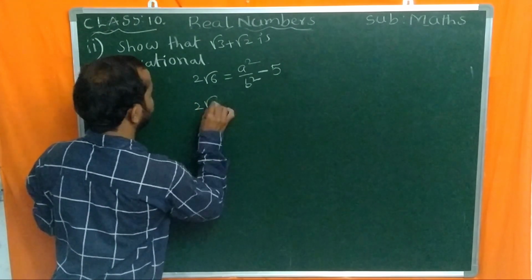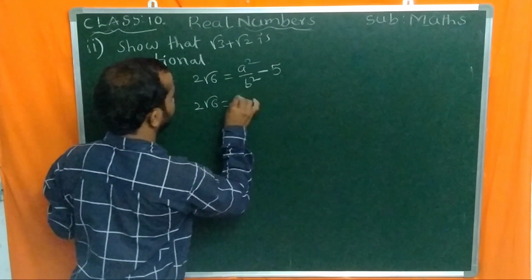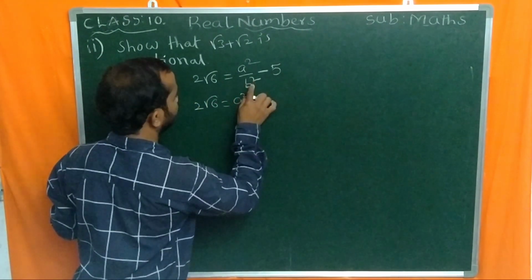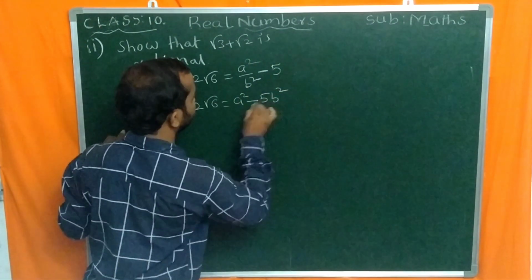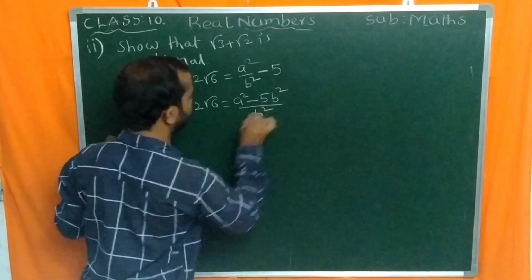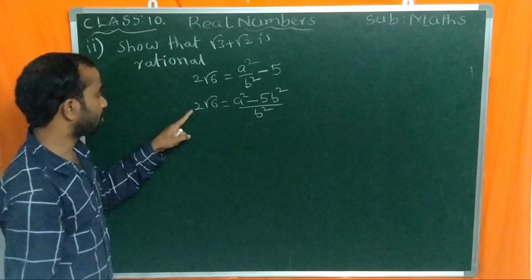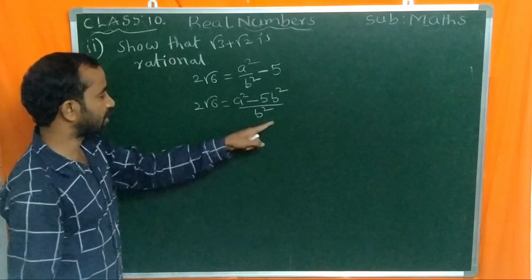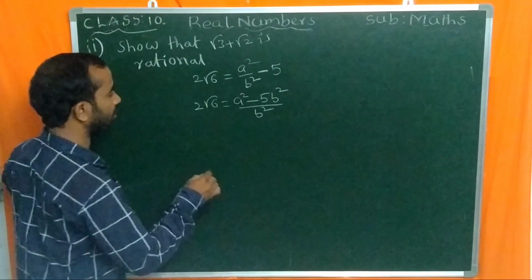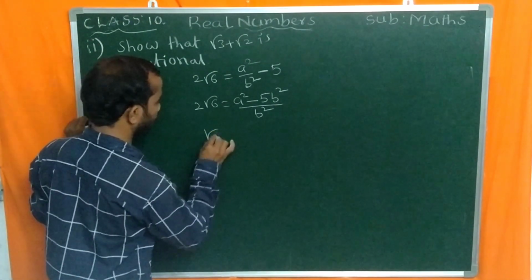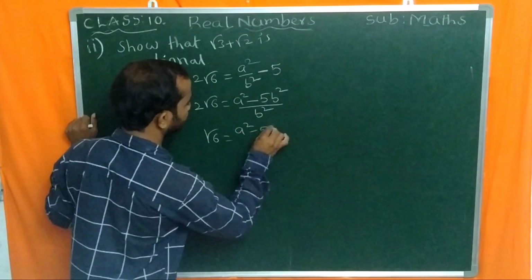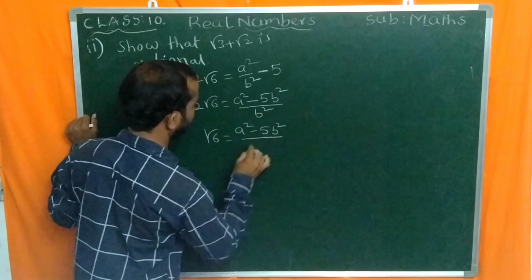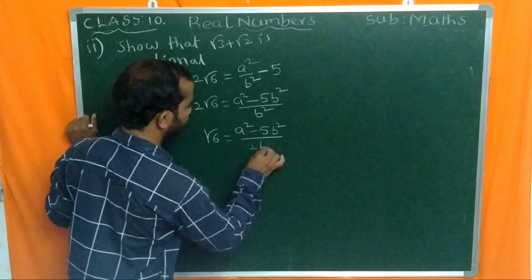So 2 root 6 equals a square minus 5 into b square, 5b square, divided by b square. Here 2 is multiplied; transposing it to the right side changes it into division. So root 6 equals a square minus 5b square by 2b square.